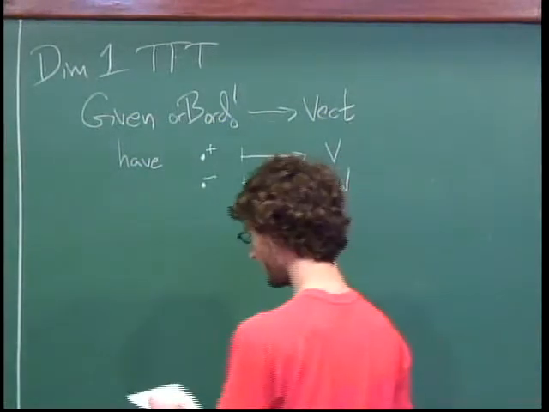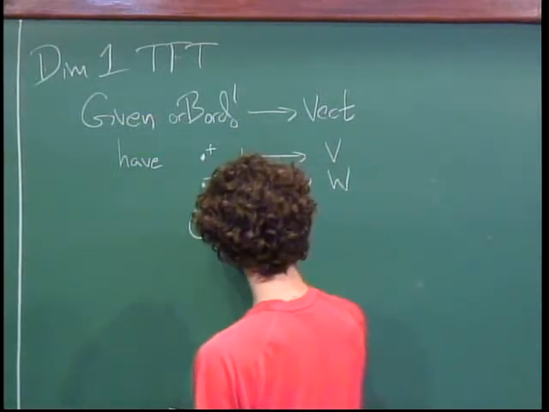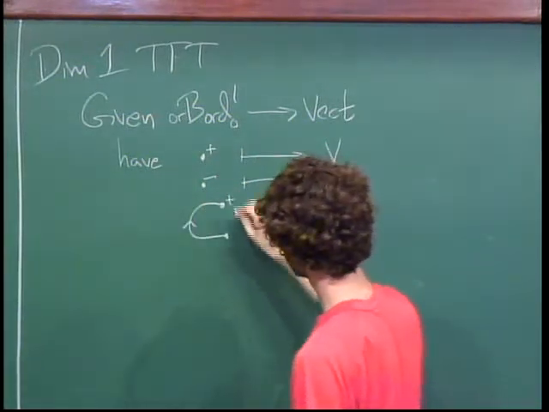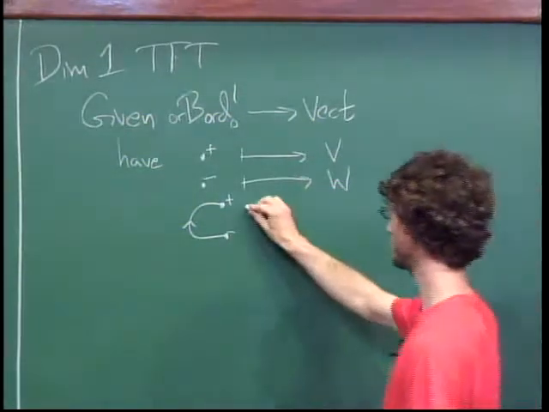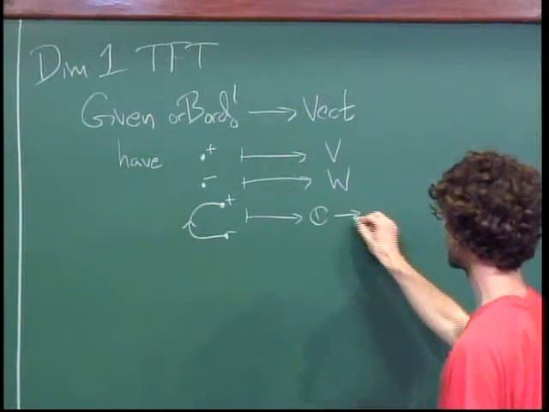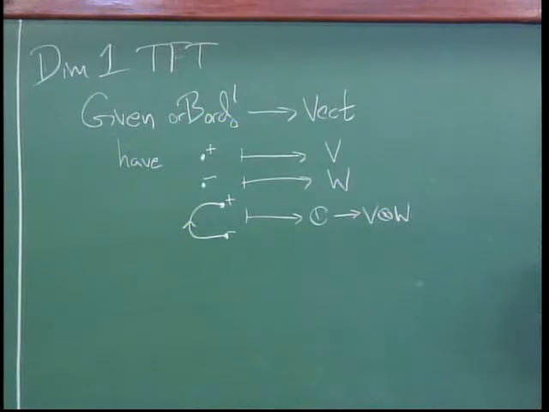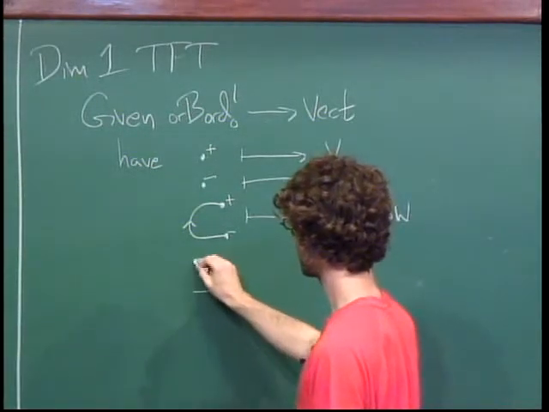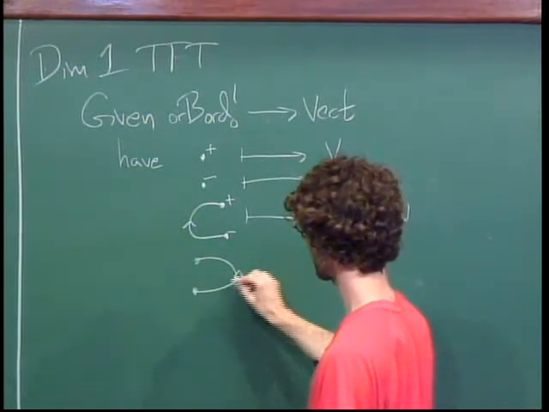Well, here's a bordism from the empty manifold to the disjoint union of a negatively and a positively oriented point. And so this maps to some map from C to V tensor W. And then I could take a cap bordism like this the other way.